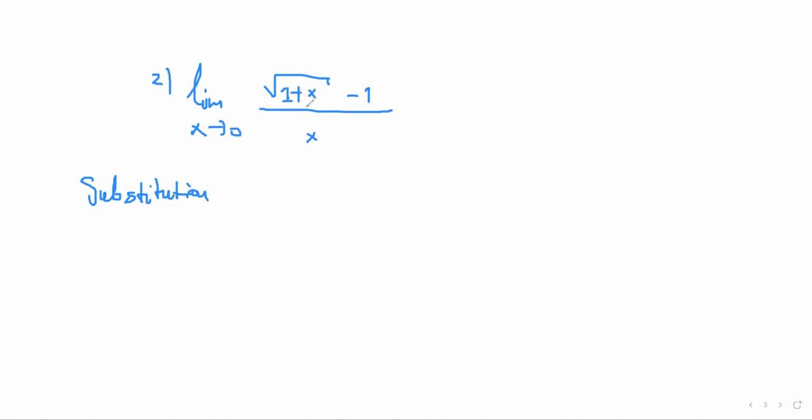But let's see which substitution works here. What if we substitute the numerator with a certain variable t? For example, let's substitute the numerator, the square root of 1 plus x minus 1, with one variable t. Then what we get here is the square root of 1 plus x equals t plus 1.